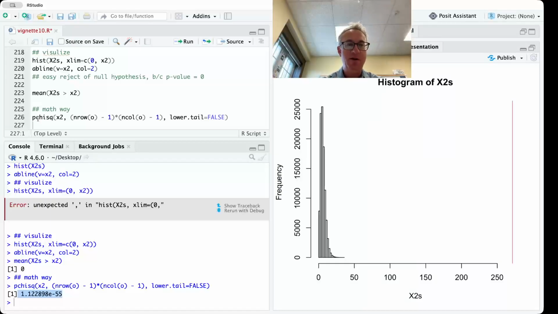So that might as well be 0. So this is numerically 0. Put that in a comment.